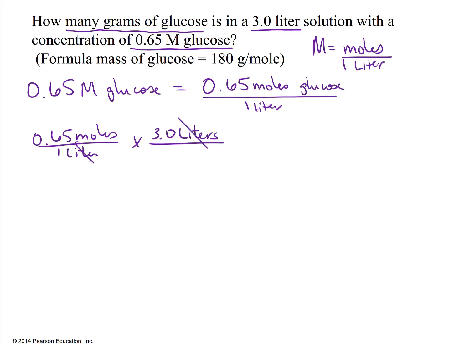You don't have to convert anything. When you're using molar, this is going to tell you the number of moles of glucose. But I want to know grams, so I've got to do one more step.